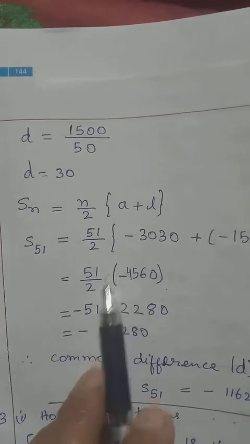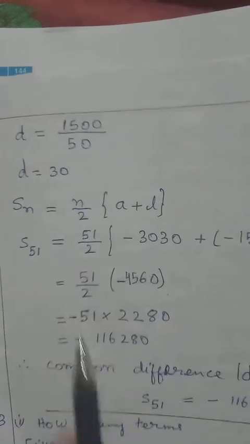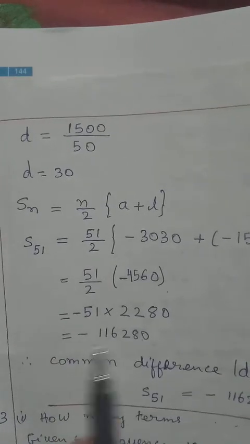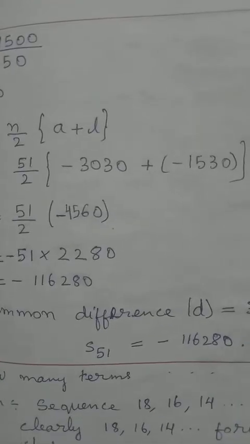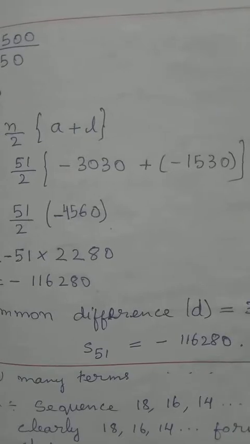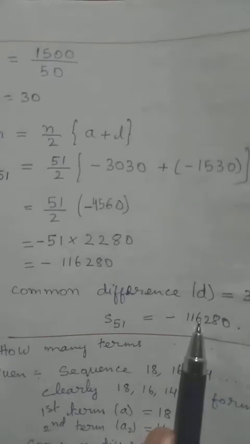Then since it is a fraction, we can divide by 2. After we divide, multiply with 51, then we get the sum to be this one. So the common difference we get to be 30 as 51 equals this much.